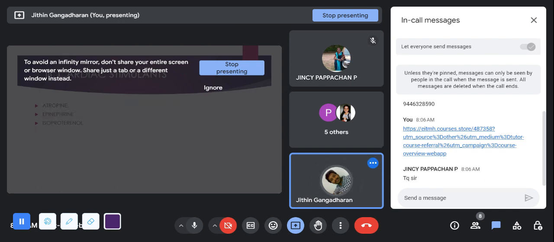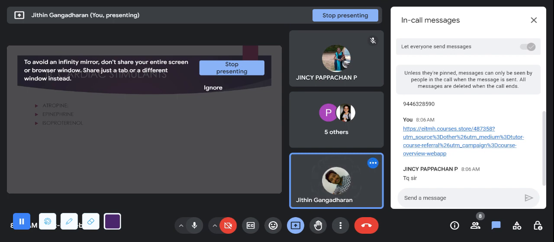Now, next, the third classification of drugs is cardiac stimulants. We'll give these drugs to stimulate the cardiac muscles. What is the function of these drugs? Atropine, epinephrine, isoprenaline, all these drugs increase the heart rate. They act on the autonomic nervous system.